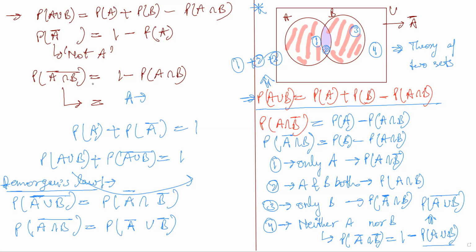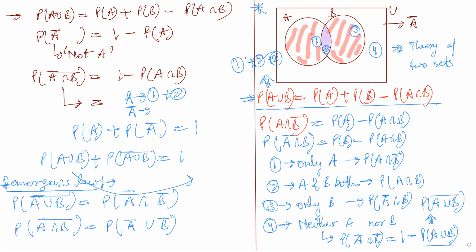Event A is this whole circle. What are the portions that event A contains? Portions 1 and 2, right? What are the events or portions under A complement?